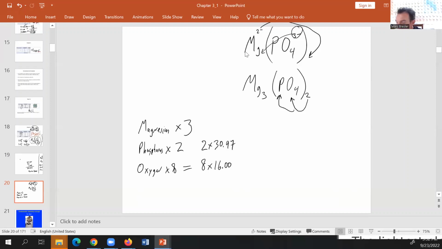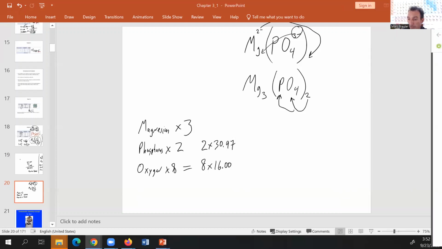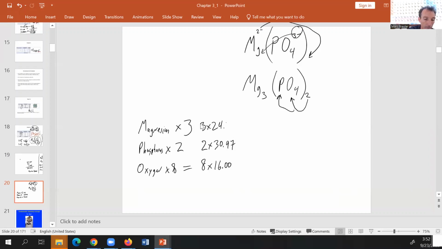And then magnesium is 24.305. And then we'll just make that 24.31 to keep the sig figs simple that way.